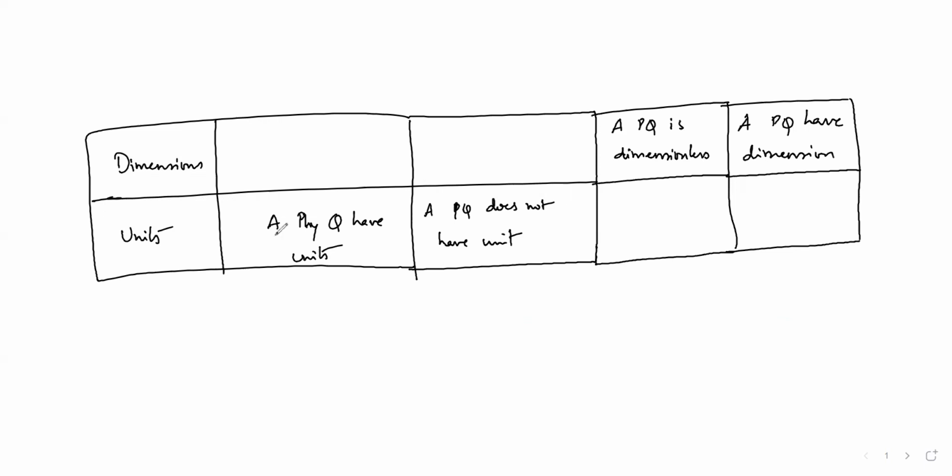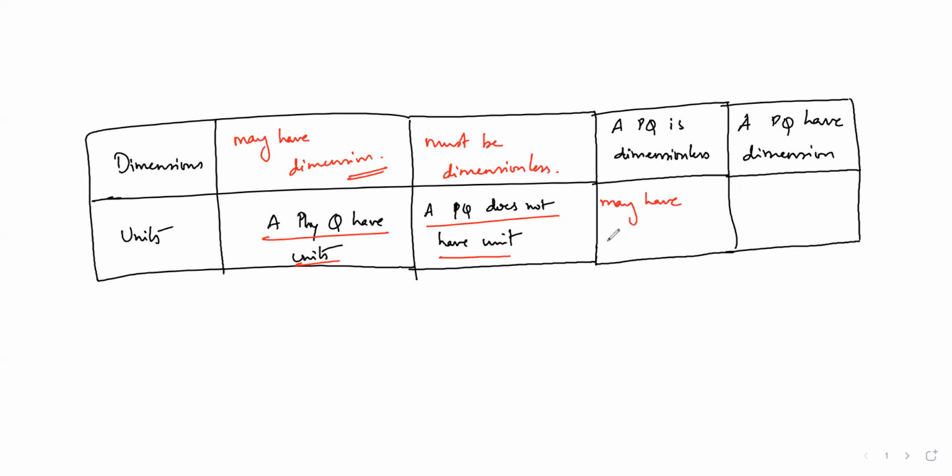Number one, a physical quantity is having units, so it may have a dimension. You agree with me? Physical quantity does not have units, that means it must be dimensionless. Similarly, a physical quantity is dimensionless, so it may or may not have units.